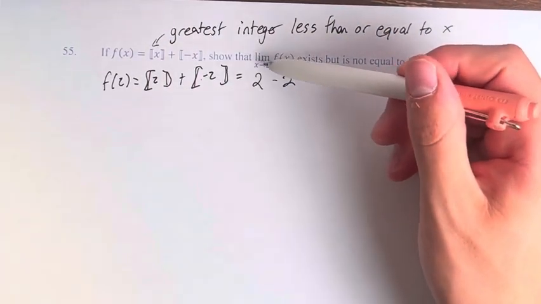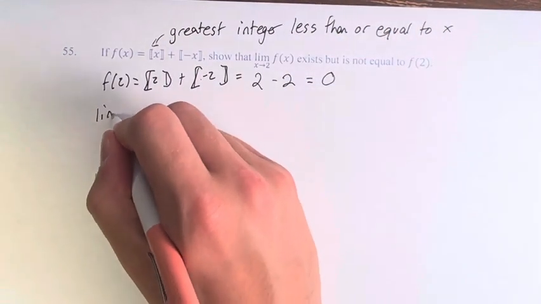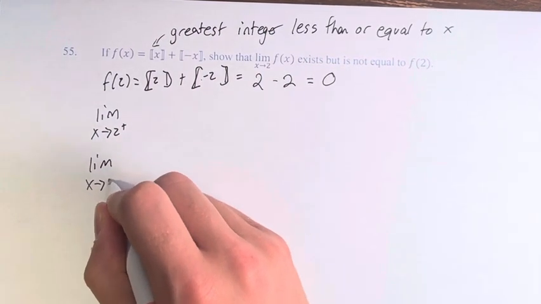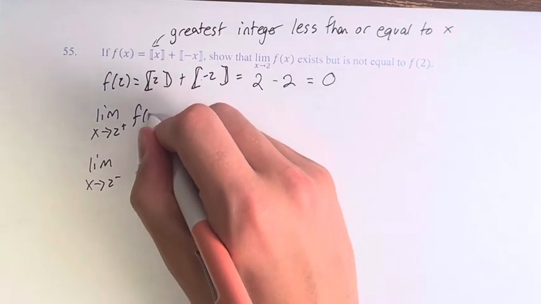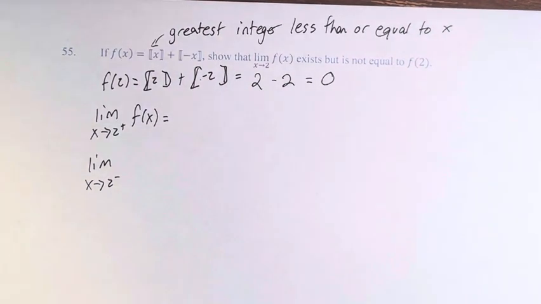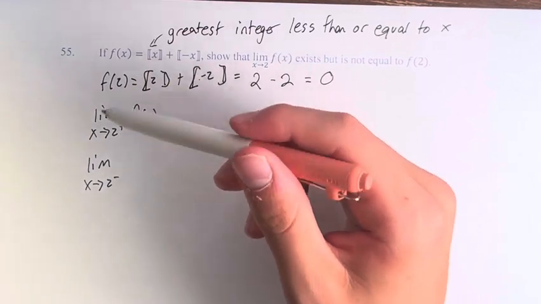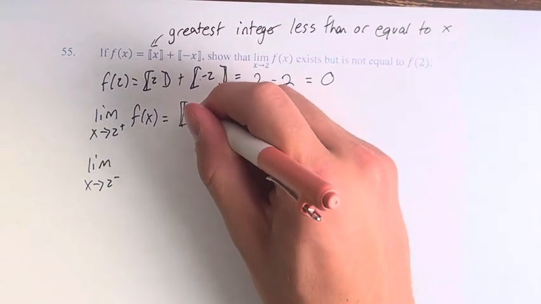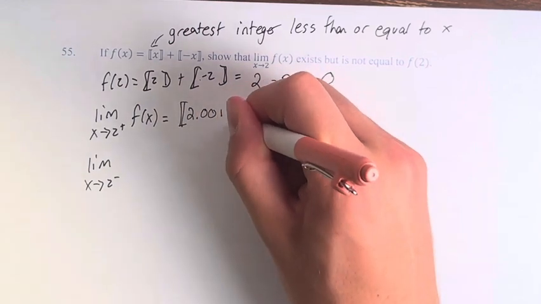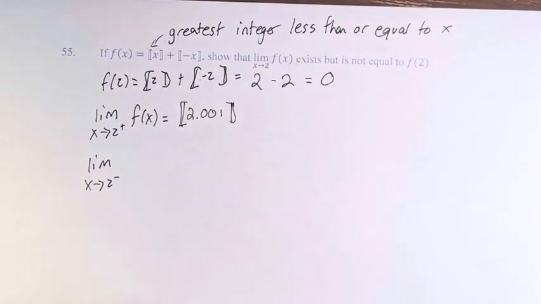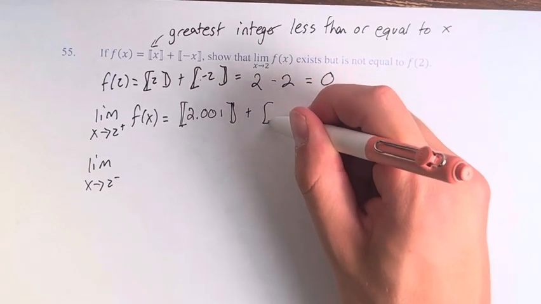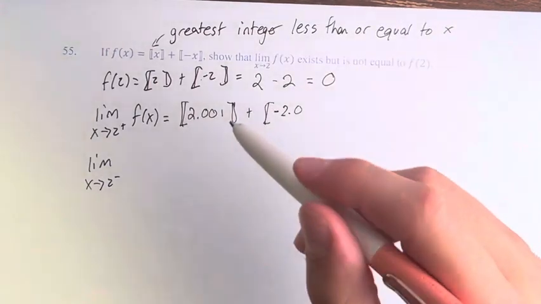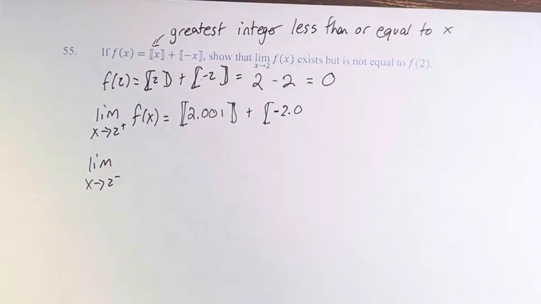We need to show that the limit as x approaches 2 of this function exists. So you do it from the right and from the left, and we show that they're equal. From the right, that's values of x that are very slightly greater than 2. So I think it could be helpful to do 2.001 plus the greatest integer of negative 2.001.